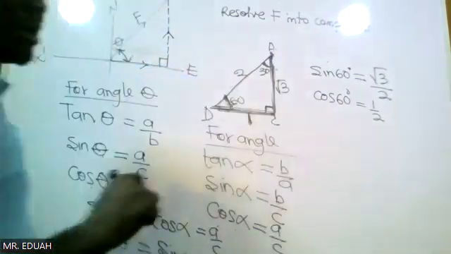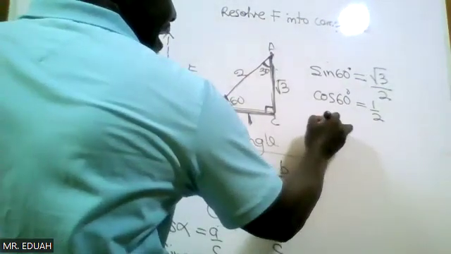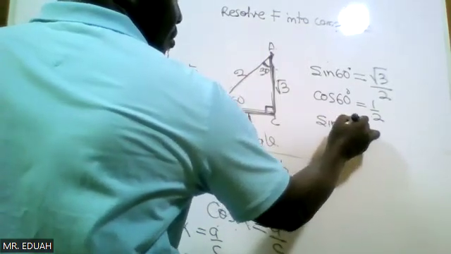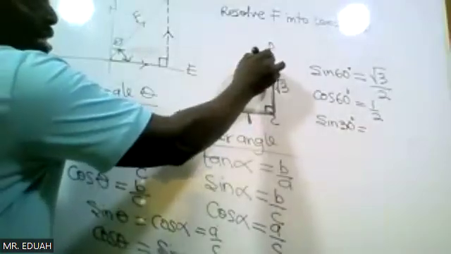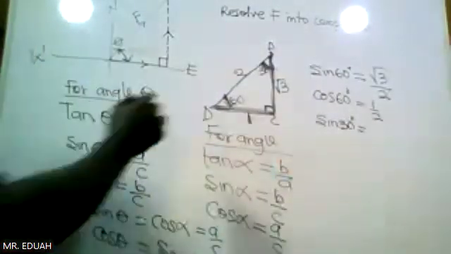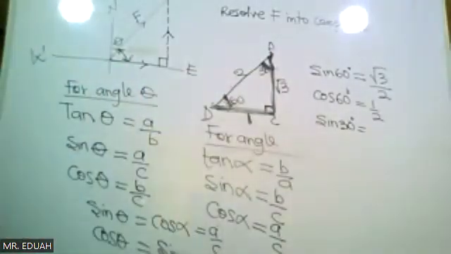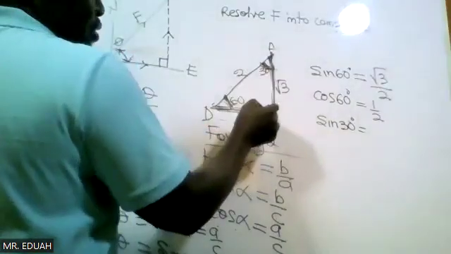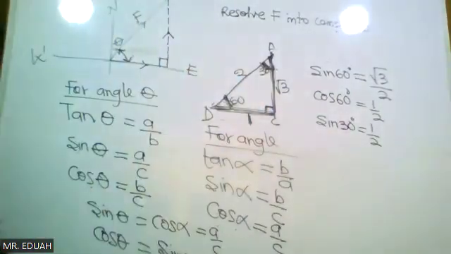Then let's come to the 30. Sine 30. For the angle 30, this time, this side is the opposite, this is the hypotenuse, and this will be the adjacent. So sine 30 would be 1 on 2, half.